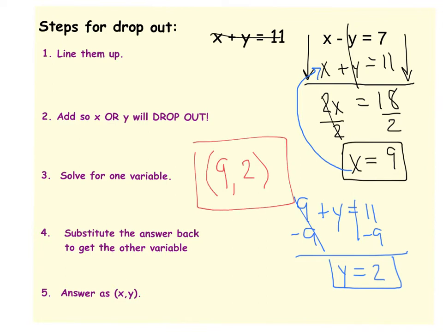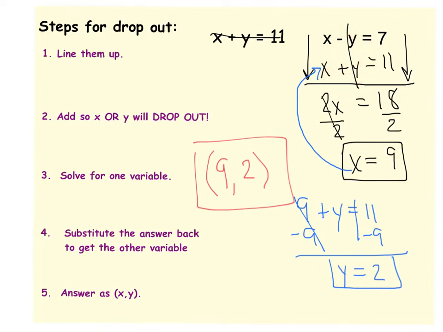So you notice how dropout is fairly simple. It does get more difficult, and we'll get to those towards the end here. So just a recap of the steps. If they're not lined up, like if they're separate like this, line them up so that they're one on top of the other. Look for a variable that, if you were to add it together, would cancel out or drop out.